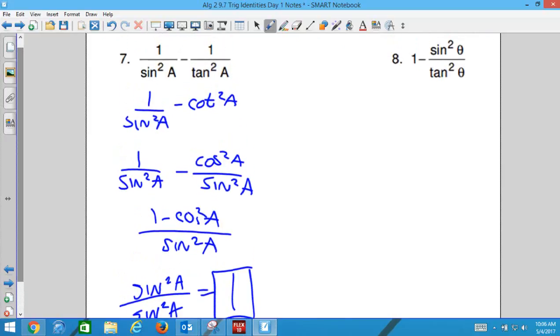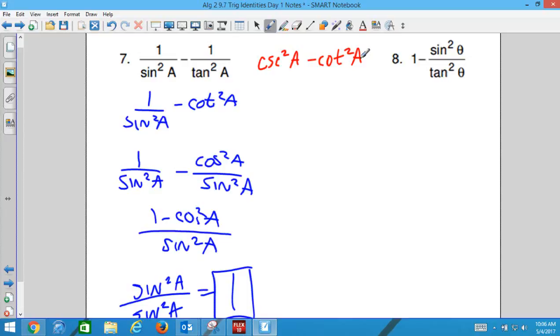If you look at the original and you change 1 over tangent to cotangent, and if you change 1 over sine squared to cosecant, which I don't usually recommend, but if you change those both to the reciprocal functions, and then you look at your identities, there is an identity that has cosecant and cotangent together.